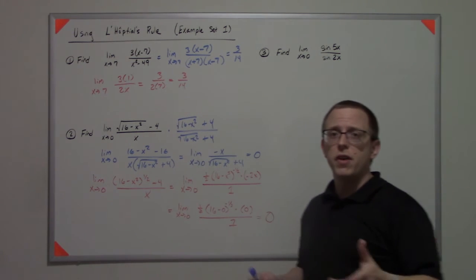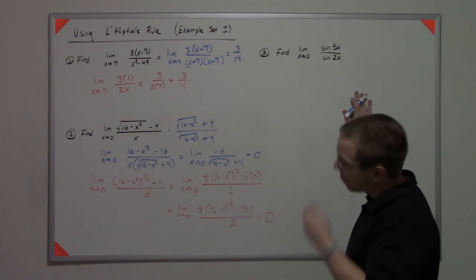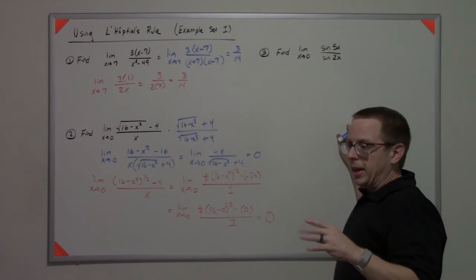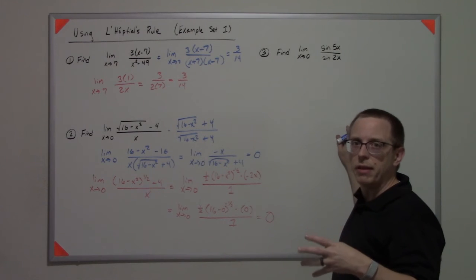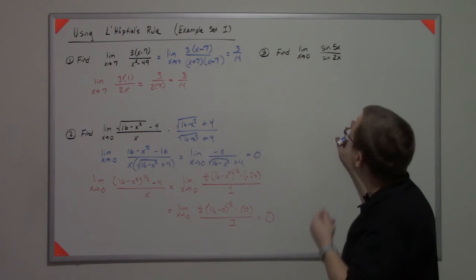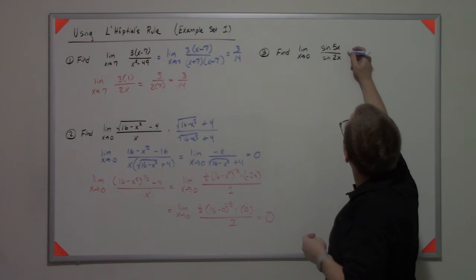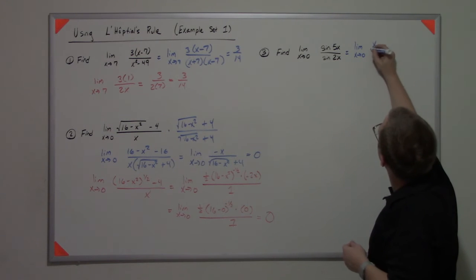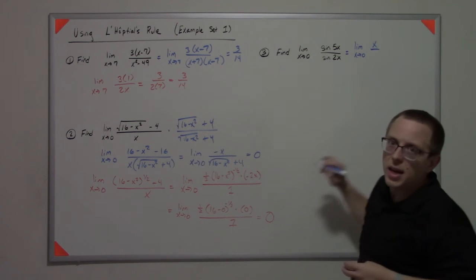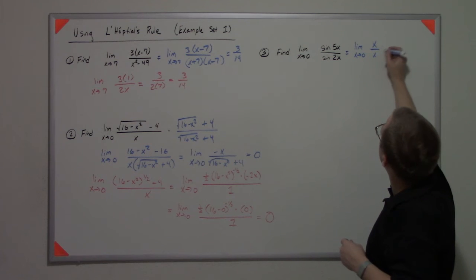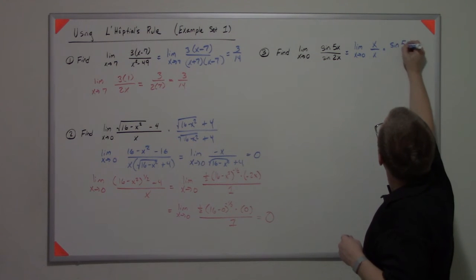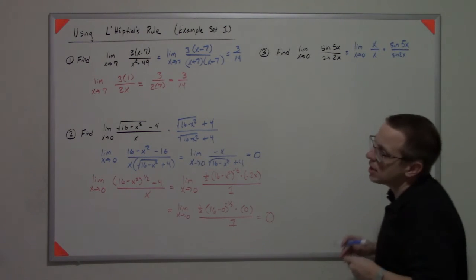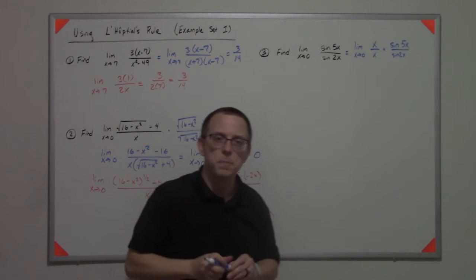So we have sine of 5x over sine of 2x. And the way we would have had to do this before is you'd have to be a little bit clever. You'd have to say, okay, well, I'm going to say that's like x over x times sine of 5x over sine of 2x.